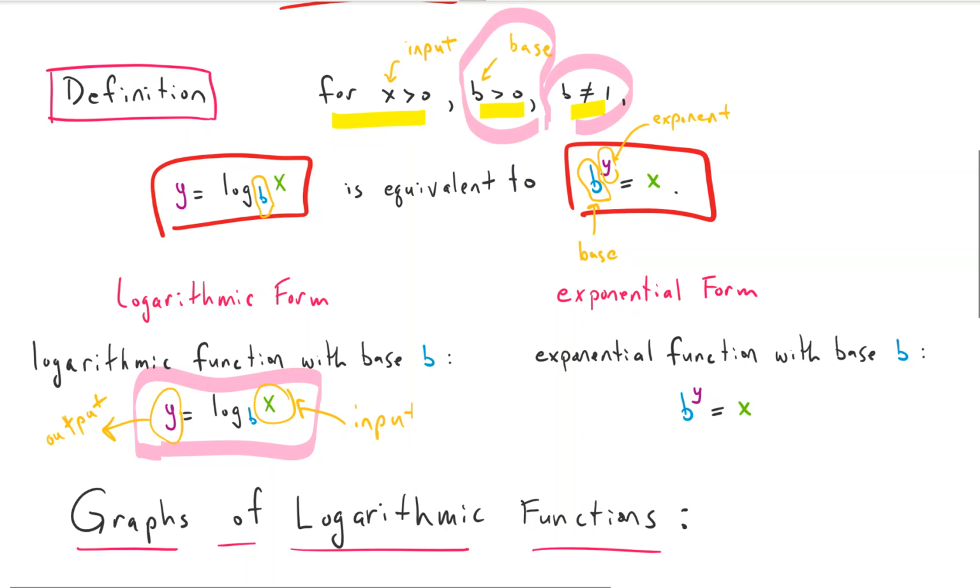And quickly, before we look at graphs of logarithmic functions, I just want to make a comment. You can see that y over here on the left is an output of the logarithmic function. If you look at the equivalent exponential form, where's that y? That same y is right here in the exponent as an input.